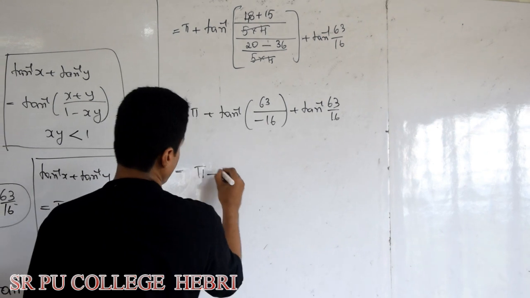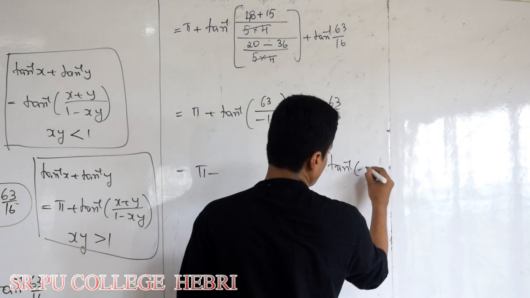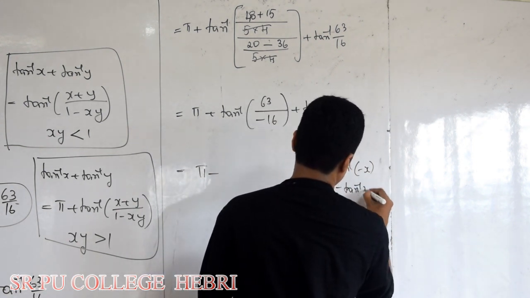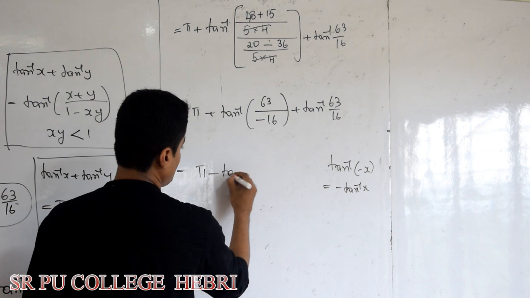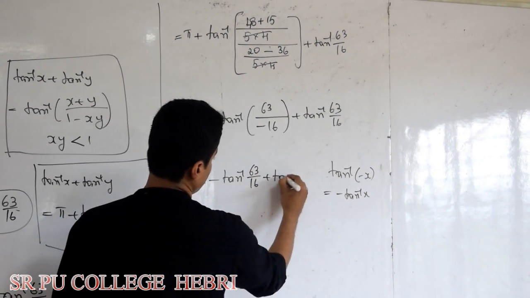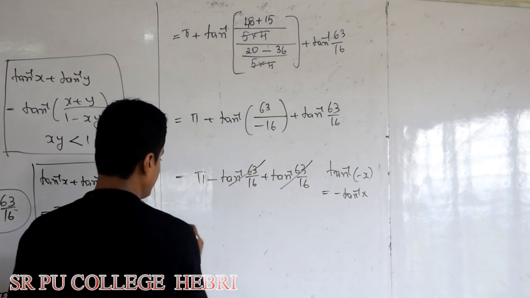So it is pi, this minus sign comes out, we know that tan inverse of minus x is equal to minus tan inverse of x. So that minus sign will come out, minus tan inverse of 63 by 16 plus tan inverse of 63 by 16. This we already decided in the beginning.